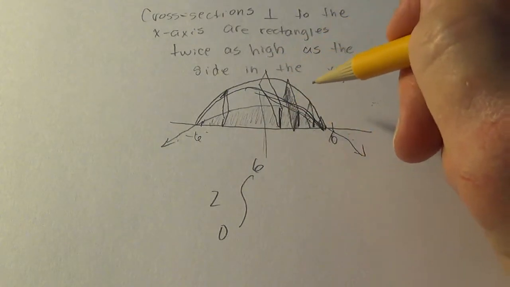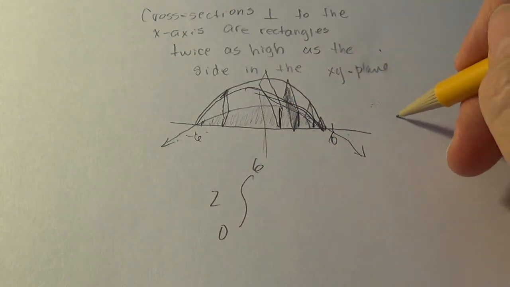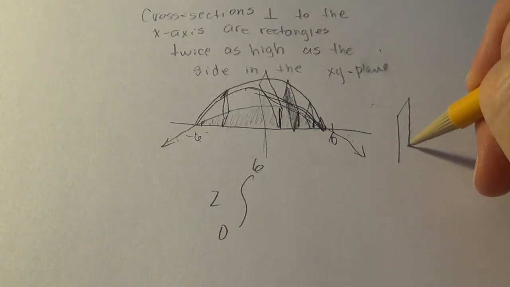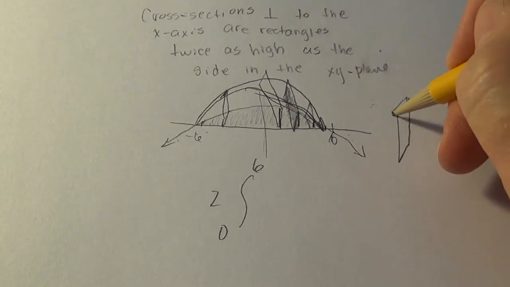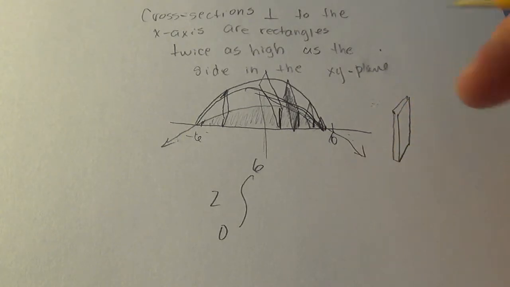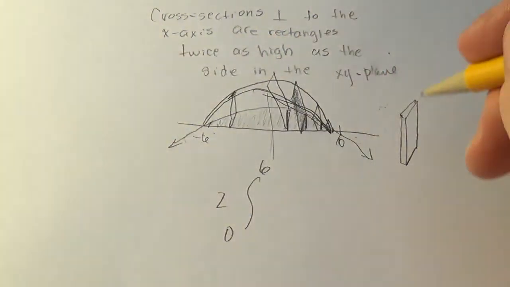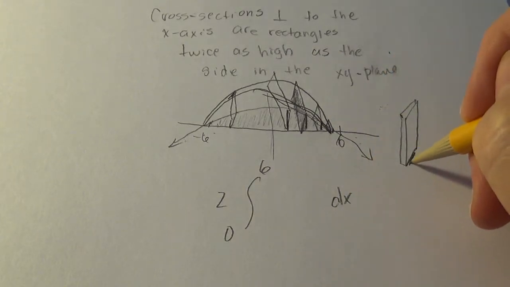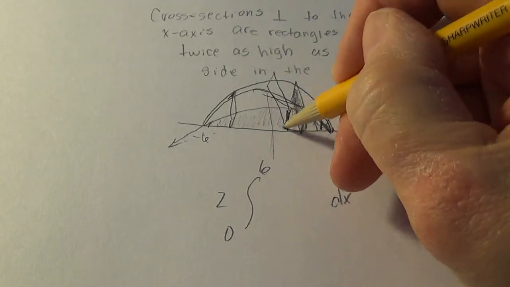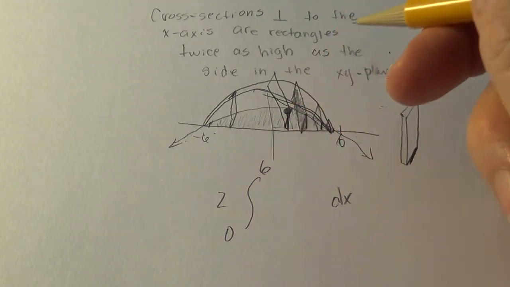So now I need to know the volume of one of these rectangles. If I look at it over here, it has a thickness, and that thickness is very thin, infinitesimally thin, but I can read it on the x-axis, so it's a dx. And this value is going to be right there, hooking to my function. I went over x and up y.